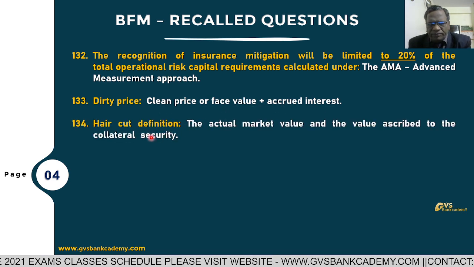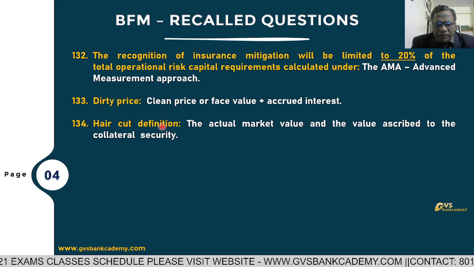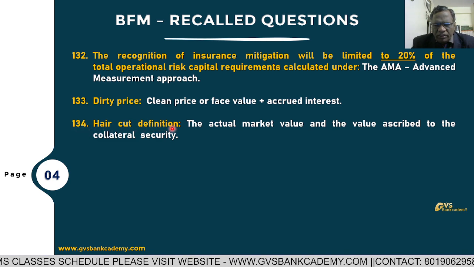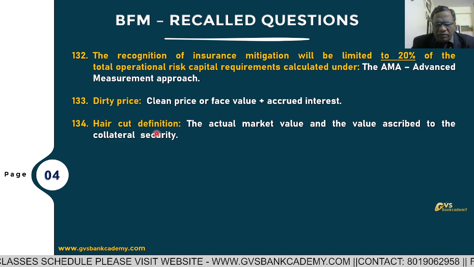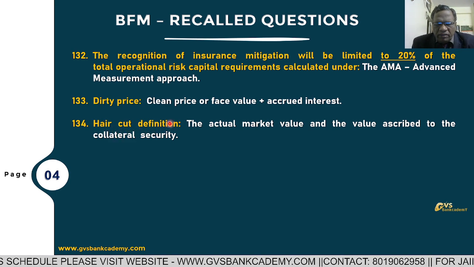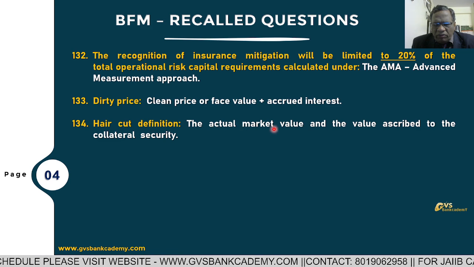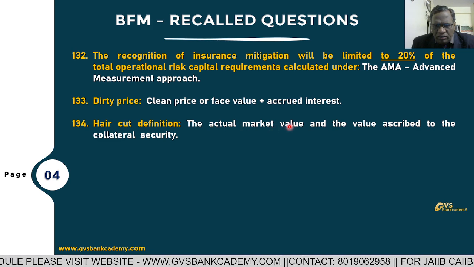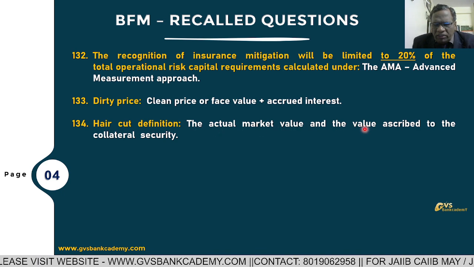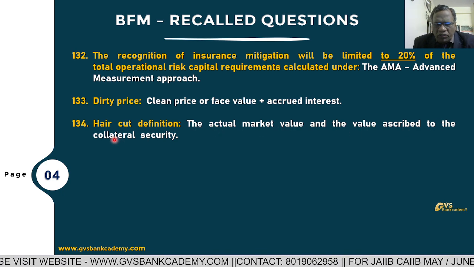Now the haircut definition. This question is asked in various examinations. First, you have to understand what is meant by haircut. It is the difference between the actual market value of the security and the value ascribed to the collateral security.